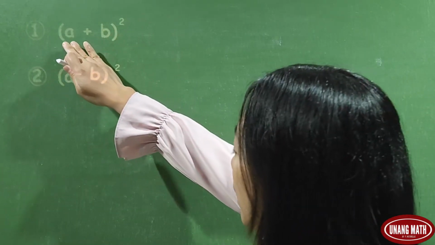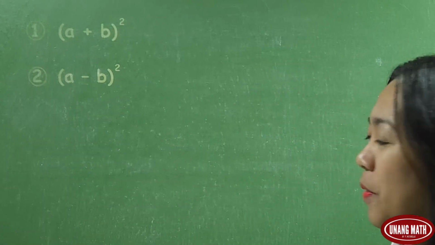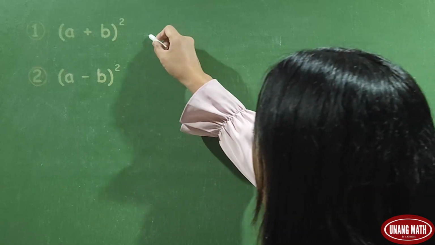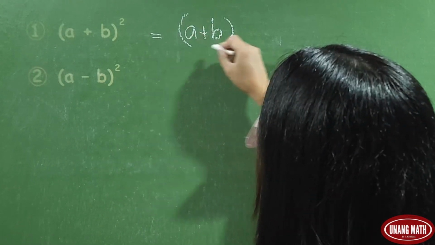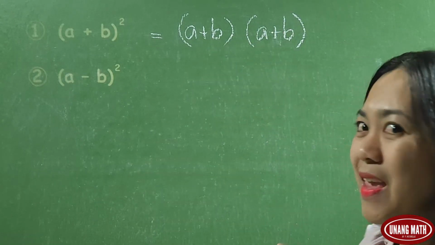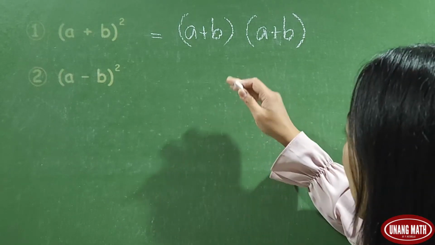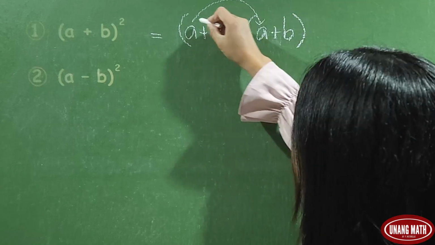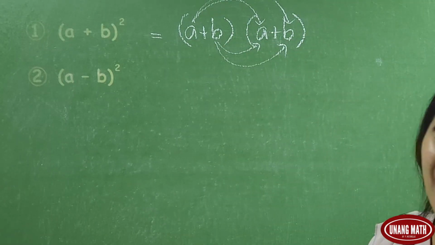Like this, for example. We have here (a + b) inside the parentheses raised to the power of 2. This is equal to (a + b) times (a + b). Same binomials. In our previous episode, we made use of the distributive property in multiplying binomials.